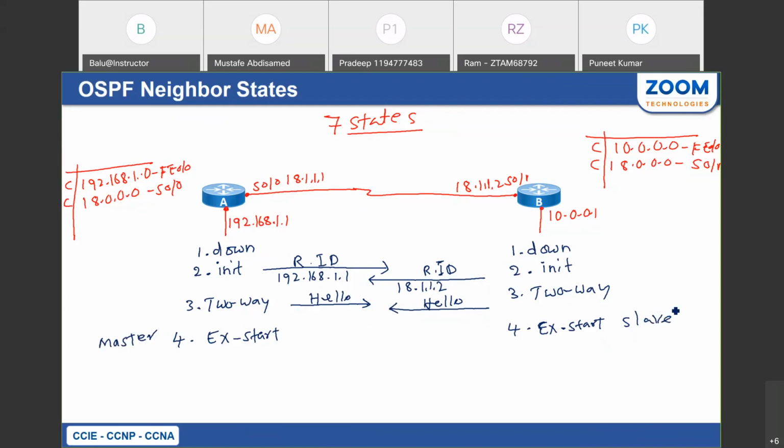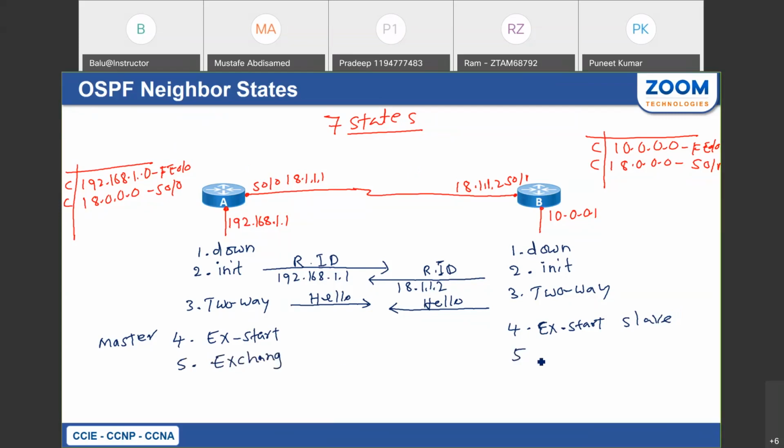The master and slave election process, based upon what? Router IDs. The highest router ID will be the master, right? Now router A has to update first. That state we call exchange. Now exchange has actually started.